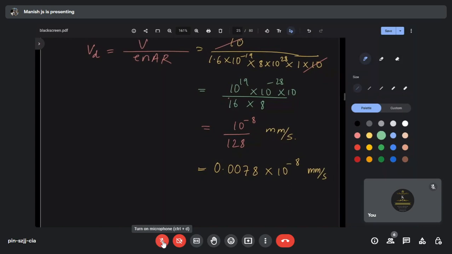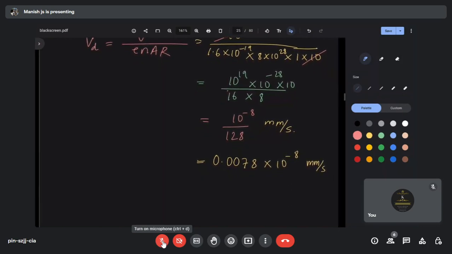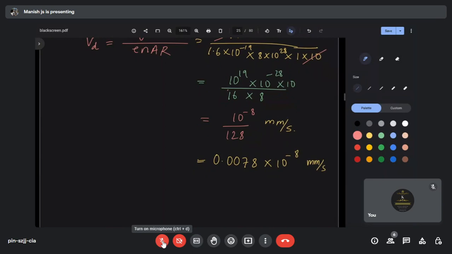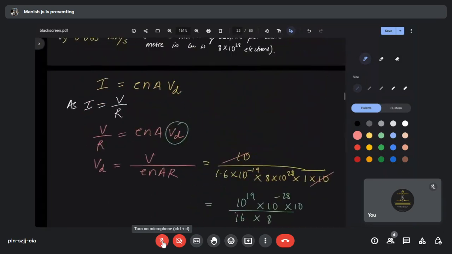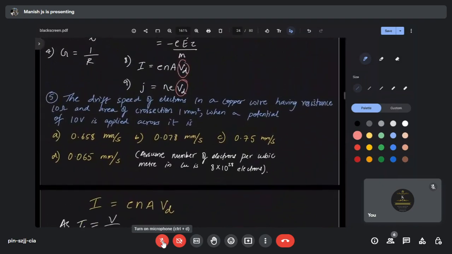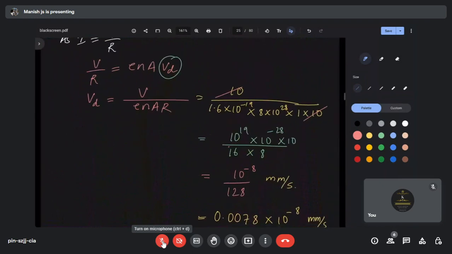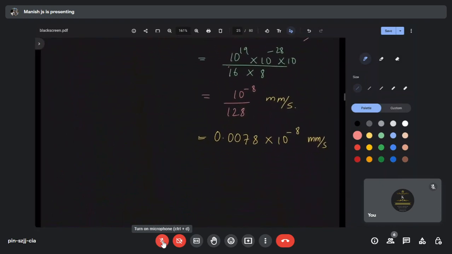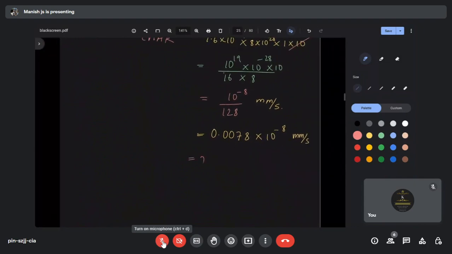Now how can you further simplify this? 7.8 into 10 power minus 5, sir. 7.8 into 10 power minus 11, sir.